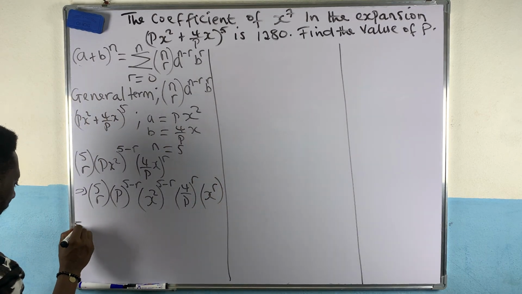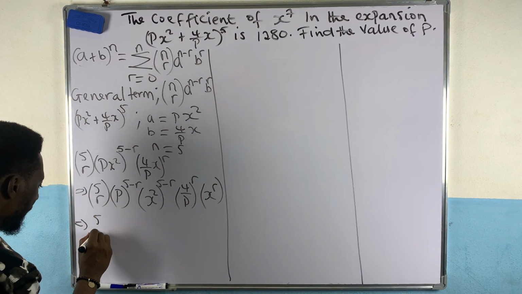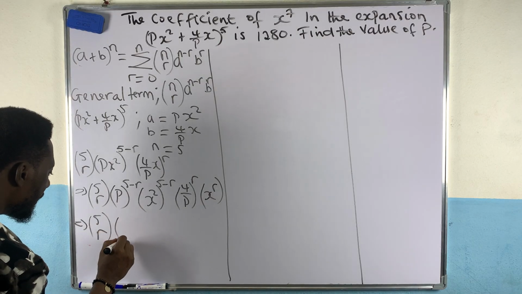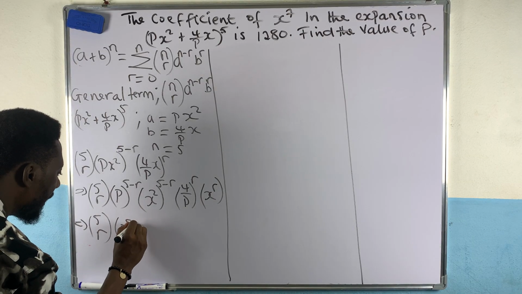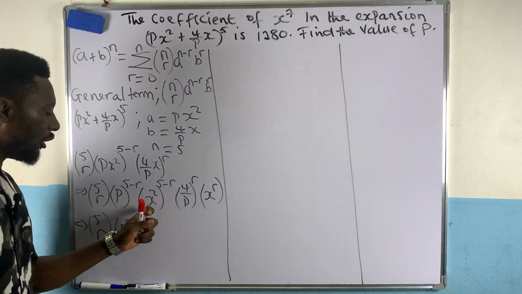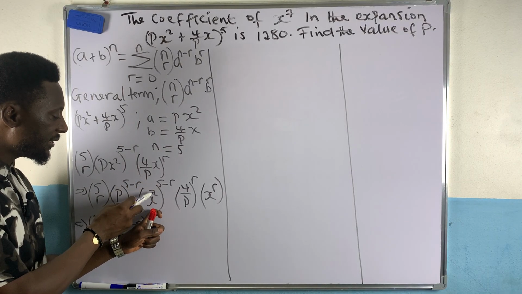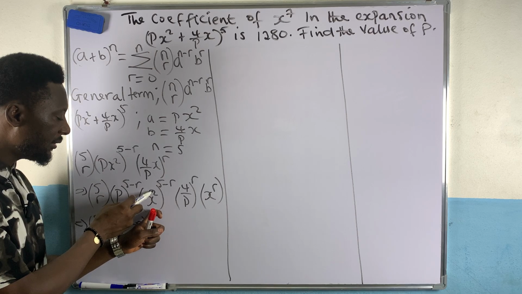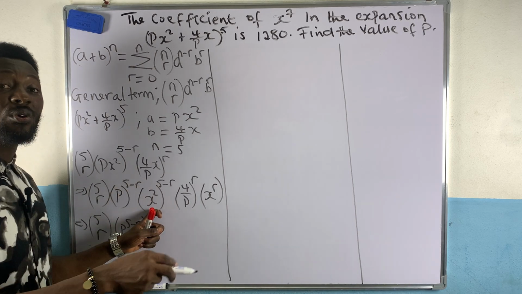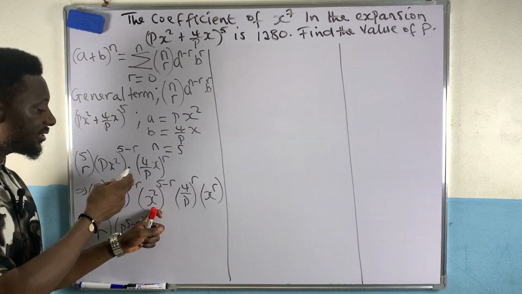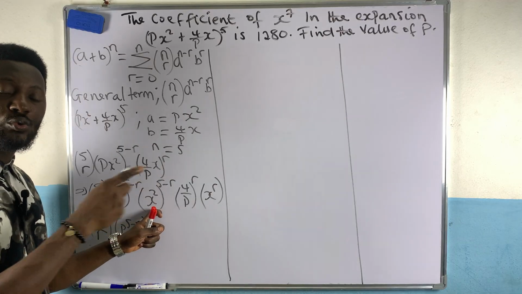So from there, I can write this as 5 combination r times p raised to the 5 minus r. The law of exponents says that when you see two exponents, because this squared is an exponent, and 5 minus r is also an exponent, you multiply the two exponents.